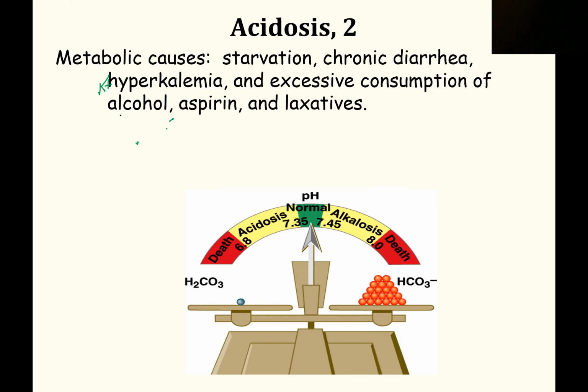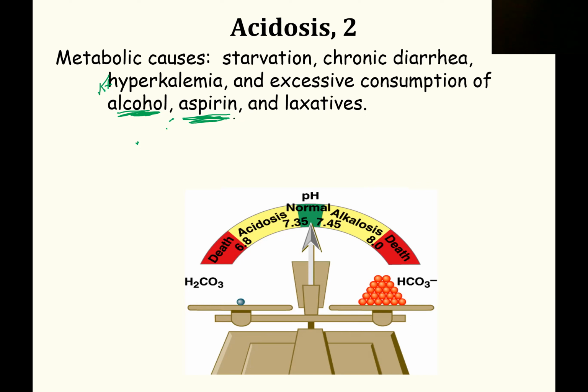Okay, breaking this down. Too much alcohol, when you break it down, it generates acids. Aspirin is an acid. When Bayer came up with aspirin, it caused stomach upset, which is why you tend to have to take that, and ibuprofen, with food.